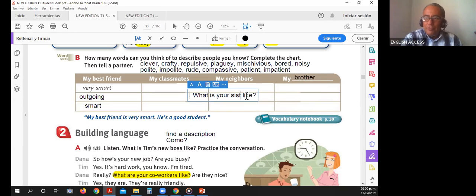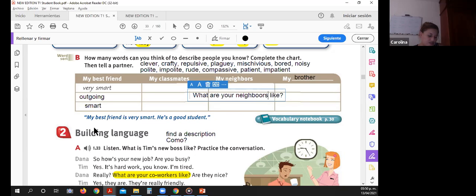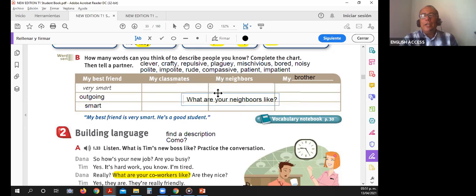Carolina, you told us about your neighbors, ¿verdad? Nos dijiste de tus vecinos. Yes, teacher. Okay, let me rephrase the question. What are your neighbors like? ¿Cómo son tus vecinos? My neighbors are generosos. ¿Son generosos?